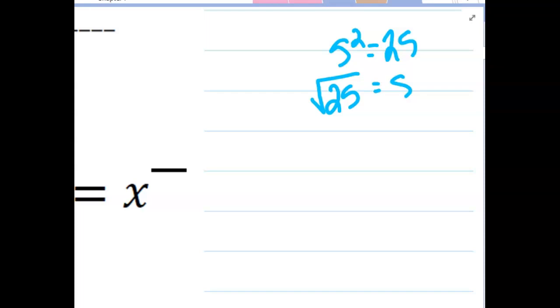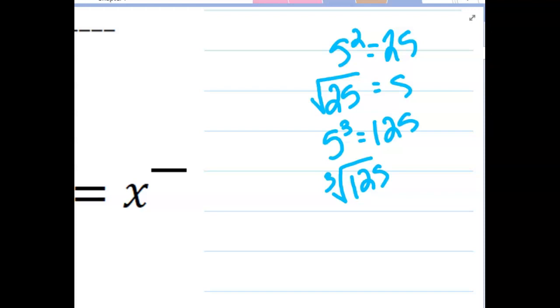Now, we know that I don't have to do 5 squared. I could do 5 cubed. Well, 5 cubed, 5 times 5 times 5 is 125. So the opposite of cubing something would be to do what's called taking the cubed root of something.